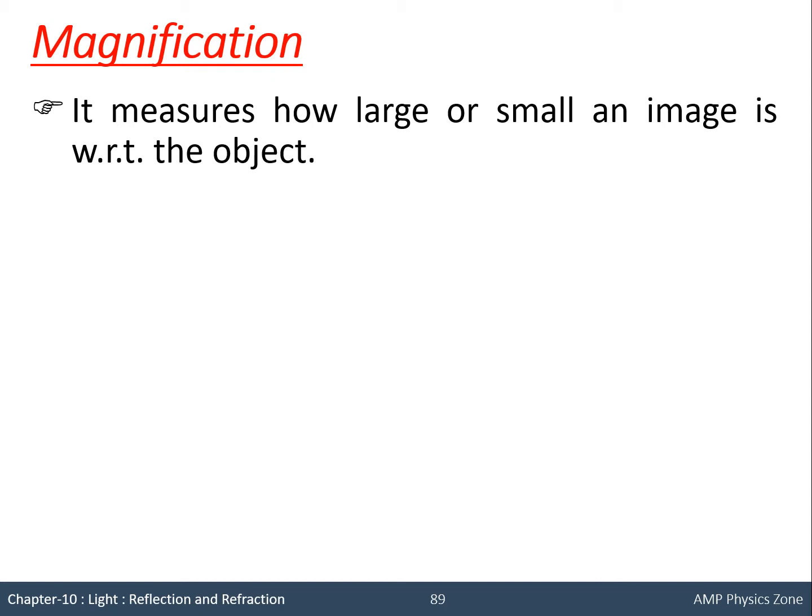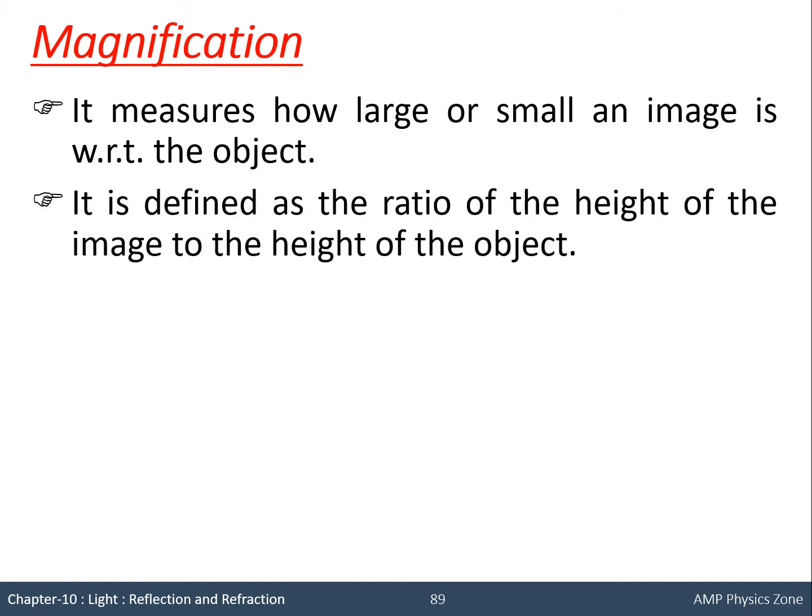When we compare the size of the image with the size of the object, how bigger or smaller the image is with respect to the object, that we can say by magnification. It is defined as the ratio of height of image to height of object. Okay, this is the definition of magnification. Height of image upon height of object is magnification.